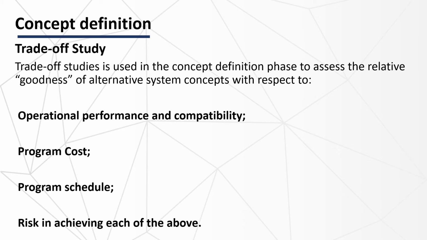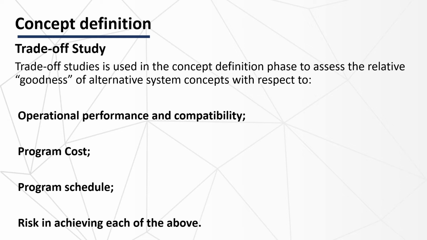Then comes concept definition. Let's focus on the trade-off study. Trade-off is a very common word. We can see it everywhere, not only in books, but also in industry and other fields of work.